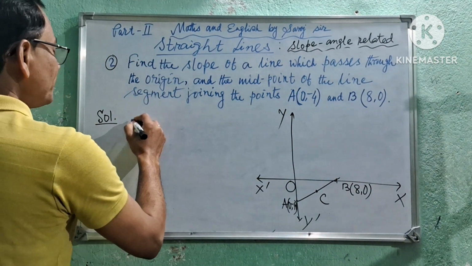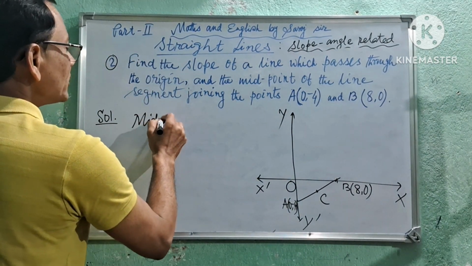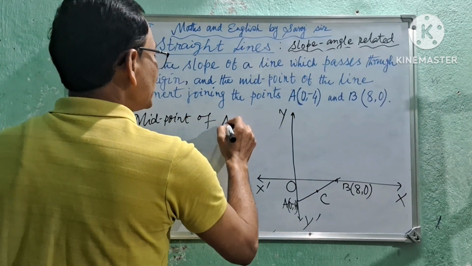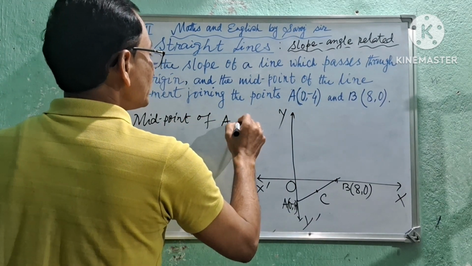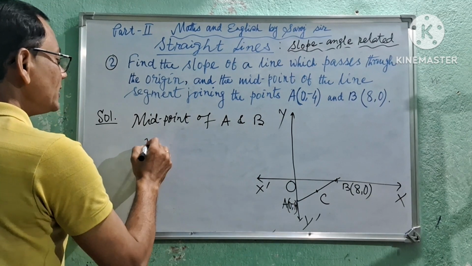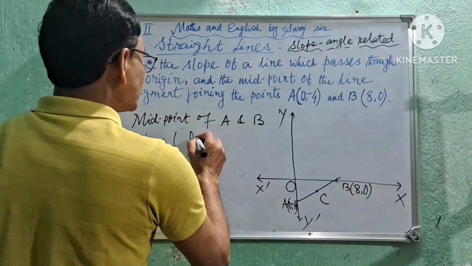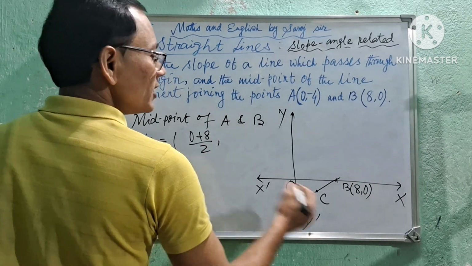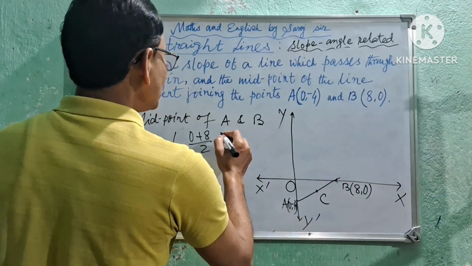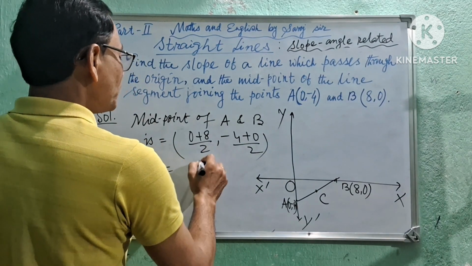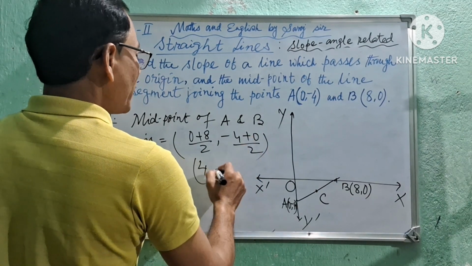So the midpoint of A and B is equal to (0 plus 8) divided by 2, comma, (minus 4 plus 0) divided by 2, which is equal to 4 comma minus 2.